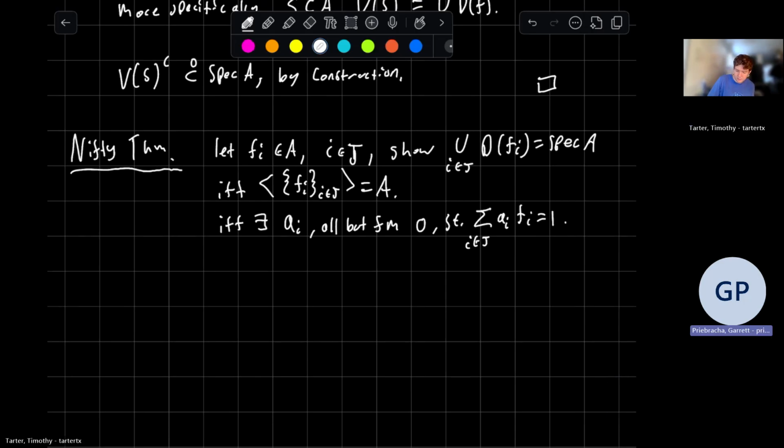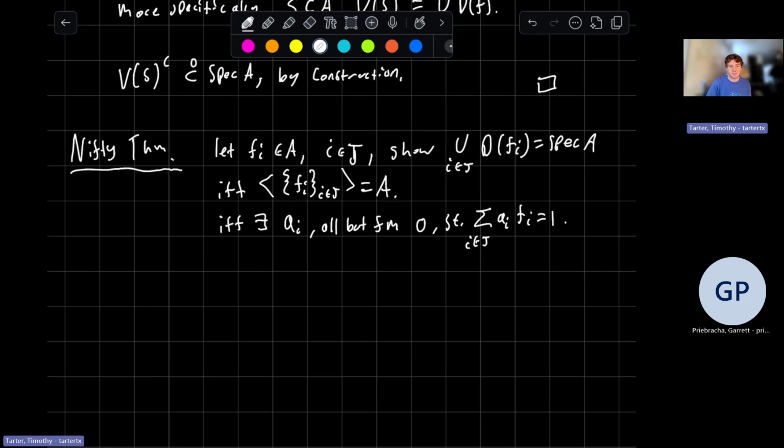What do you mean by all but finitely many? Because I remember the other day you said that that's different from infinite. There are only finitely many non-zero things. But it doesn't have to be a countable infinity of zeros, so you could have uncountably many zeros.